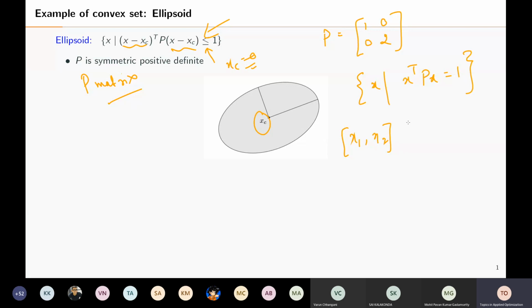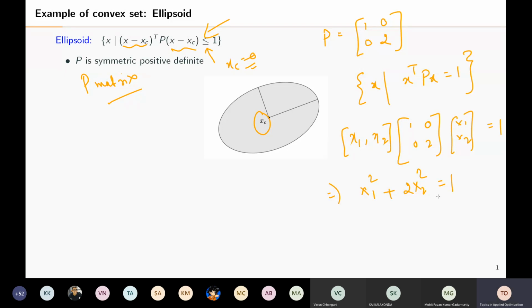This is the transpose of that, and this is 1 0 0 2, and this is x1 x2. If we work this out, we get x1 square plus 2 x2 square equal to 1.